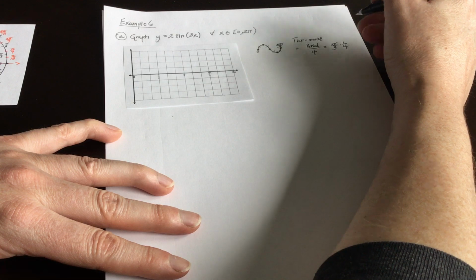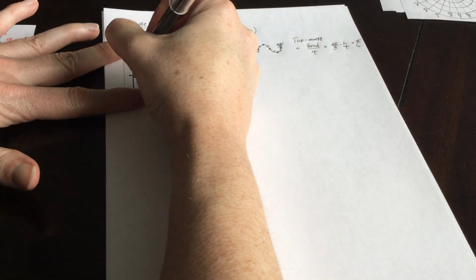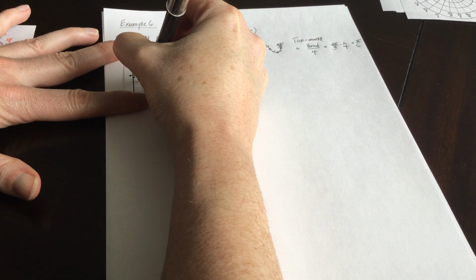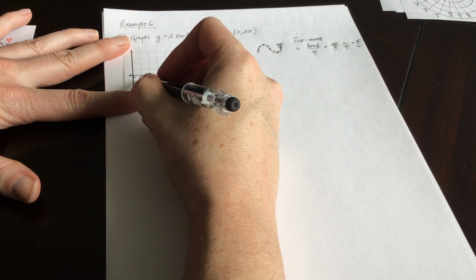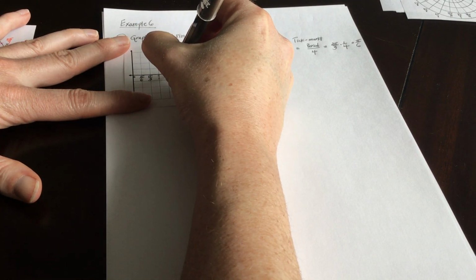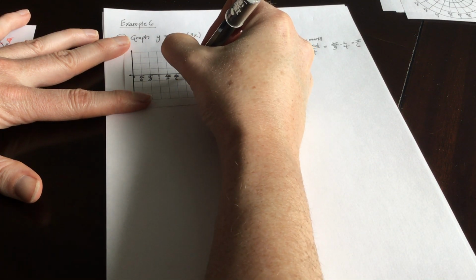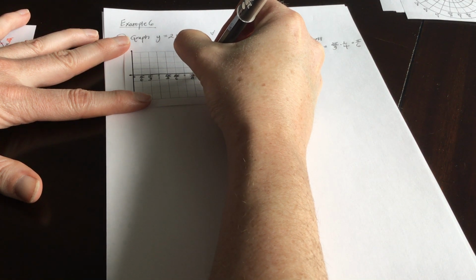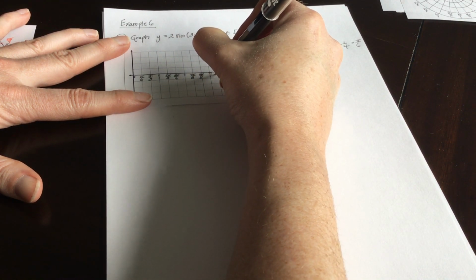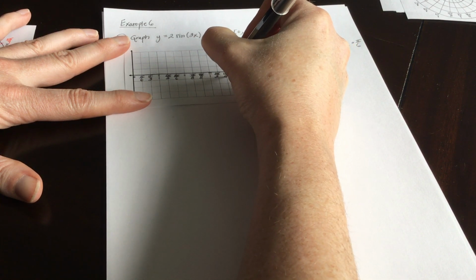So if you cancel this down a little bit, you end up with a handy tick mark value of pi over 6. So 1 pi over 6, 2 pi over 6, 3 pi over 6, 4 pi over 6, 5 pi over 6, 6 pi over 6, 7 pi over 6, 8 pi over 6, 9 pi over 6, 10 pi over 6 would be 5 pi over 3, 11 pi over 6, etc.